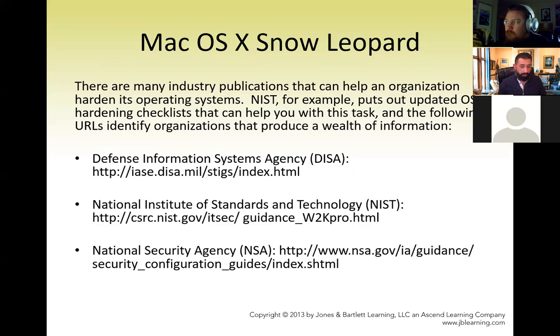We have, starting with DISA, Defense Information Systems Agency, the National Institute of Standards and Technology, NIST, and this is a government agency, by the way. And then we have the NSA, which is the National Security Agency, and is also a government agency.